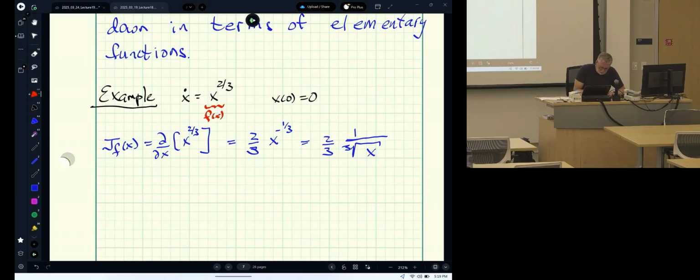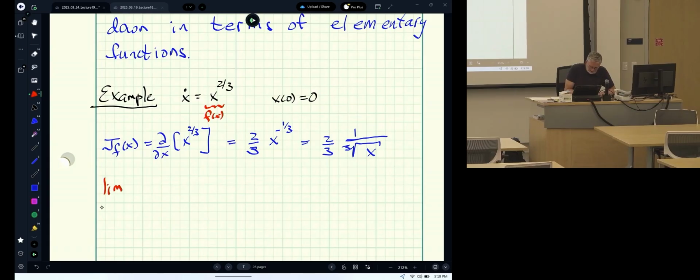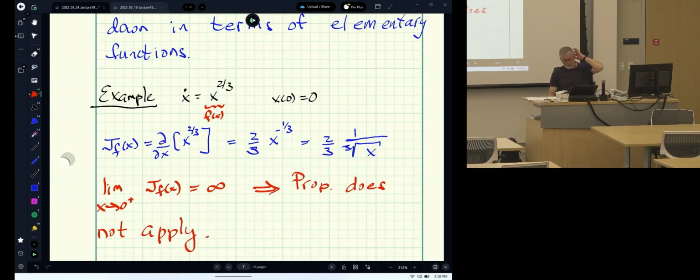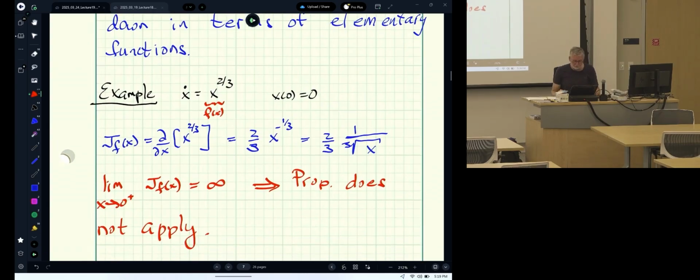So the limit as x approaches 0 from the right of the Jacobian of f of x is infinity, which implies the theorem, or excuse me, I called it a proposition, does not apply. Okay, so we cannot conclude that there exists a single solution or a solution or any solution at all. We don't know anything about this equation from this result.